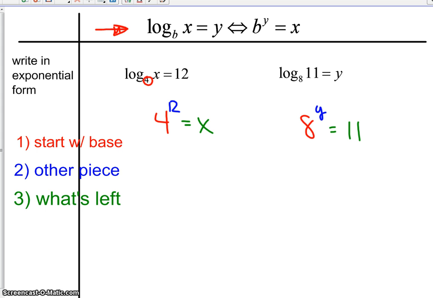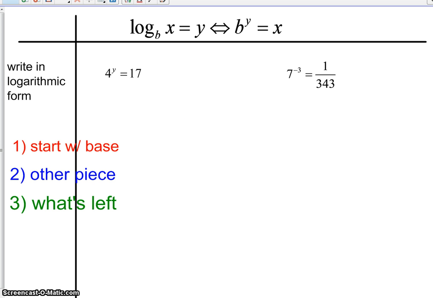The purpose of that is that sometimes, if I have a situation where I don't know what to do with it in one form, I'm going to change it to the other. If we go from exponential to logarithmic, it's the same idea. Start with my base. The base of my exponential piece is 4, so log base 4. Here, the base is 7, so log base 7.